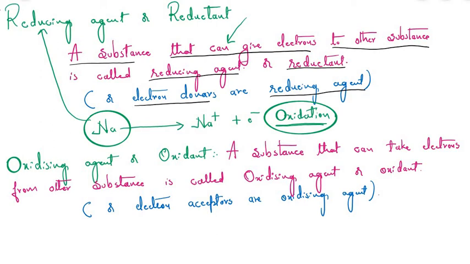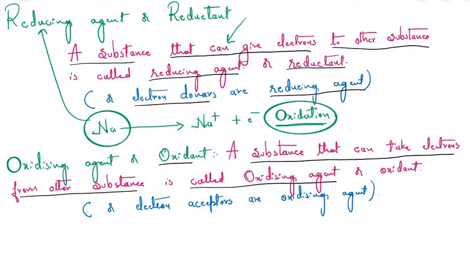Is it clear? Now we have the next terminology, the oxidizing agent or oxidant. A substance that can take an electron from another substance is called an oxidizing agent, or simply an oxidant. Or, in similar terms, electron acceptors are oxidizing agents. Now I'll write another equation for this oxidizing agent.